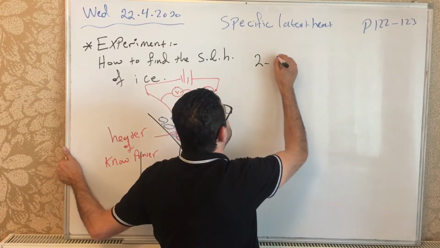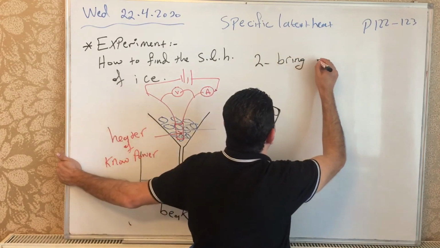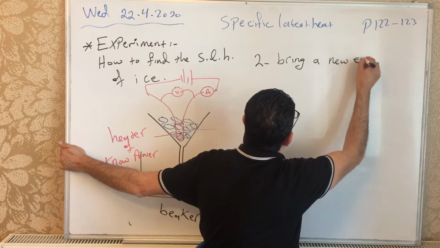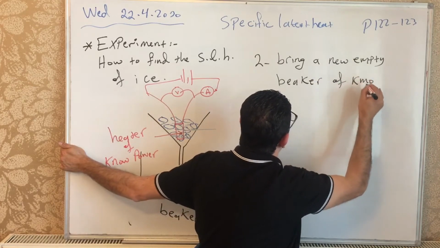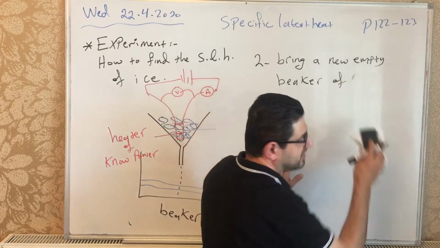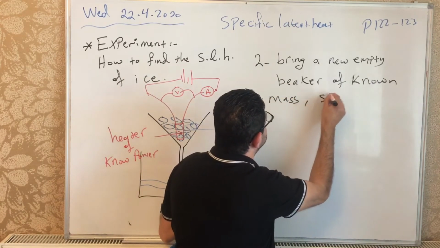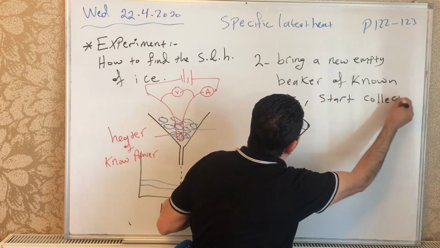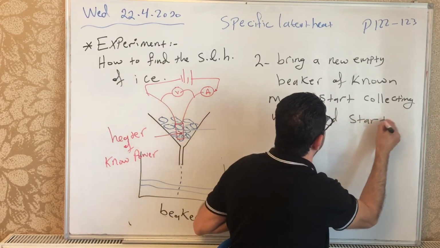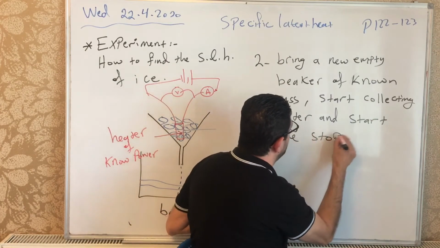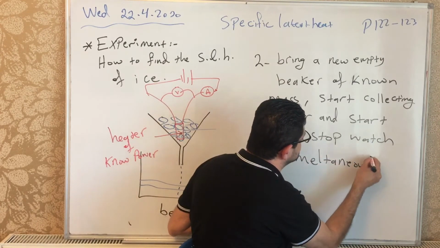So step number 2. Bring a new empty beaker of known mass, start collecting water and start the stopwatch simultaneously.